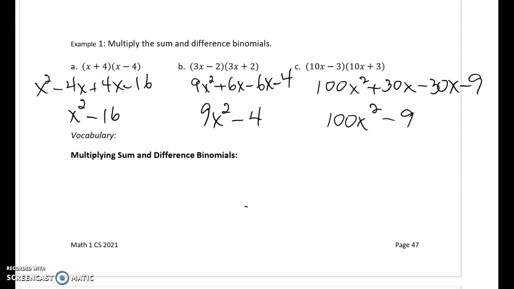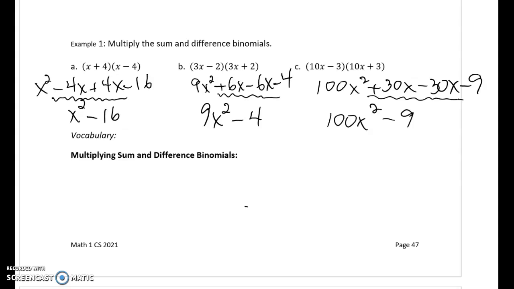Now, you're going to notice that in all 3 of these examples, after we did the distributive property or the foiling method, a couple of the terms that came up were opposite of each other, so that when you combine those like terms, the x term disappeared.